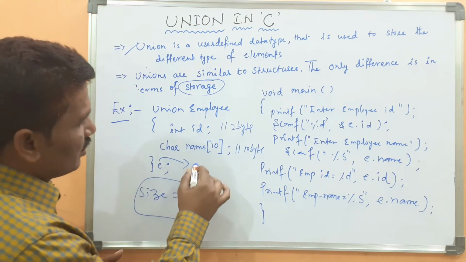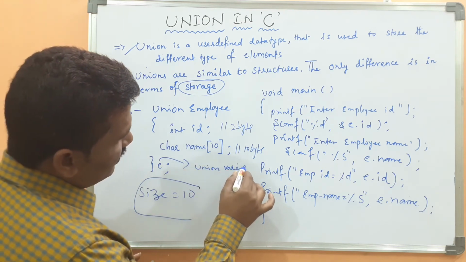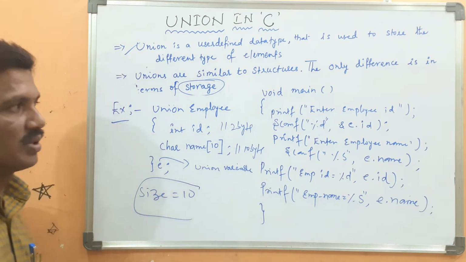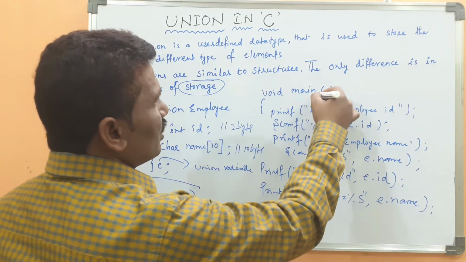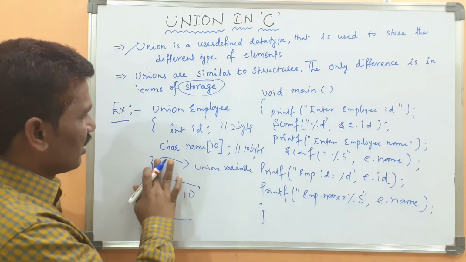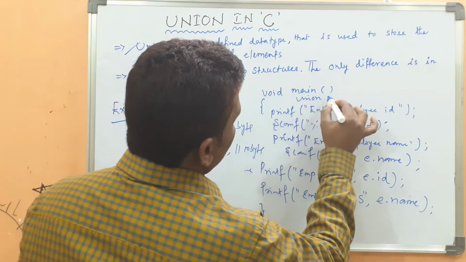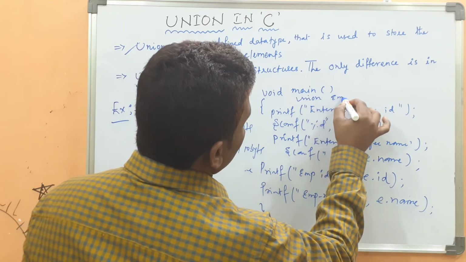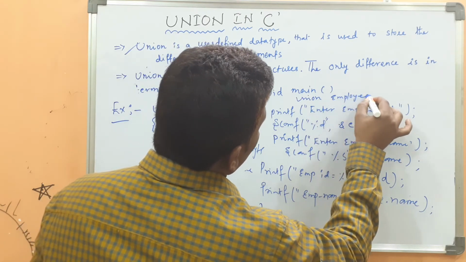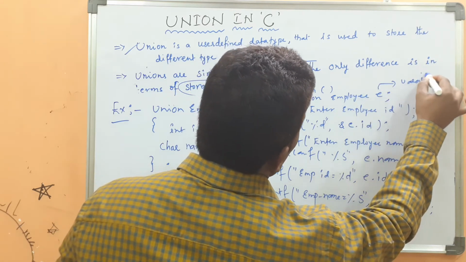This is called as what? Union variable. Like a structure variable, here also a union variable. You can create it, or else union name and variable, or you can declare here also, there is no problem. Union employee e, what is e, this is called the union variable.